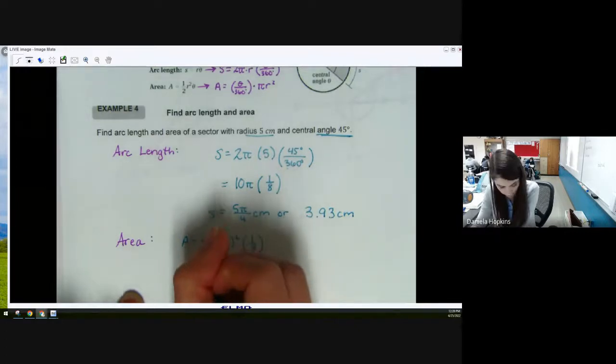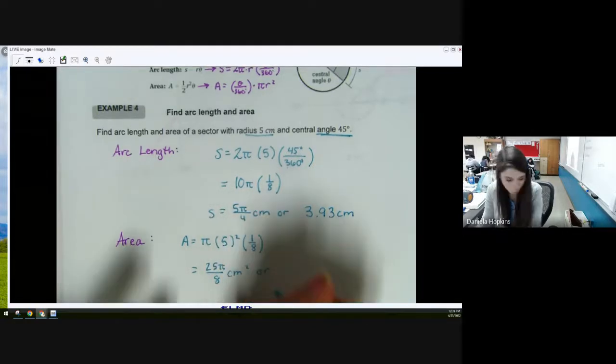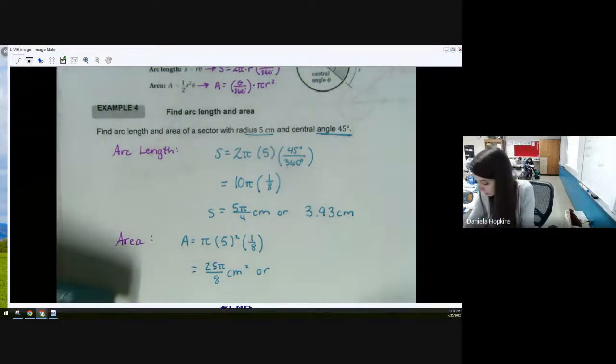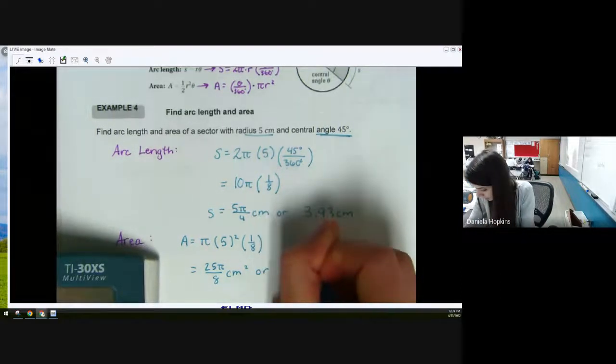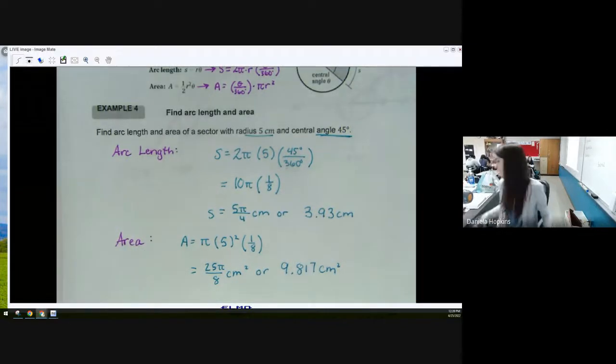I end up getting that my area is 25 pi over 8 centimeters squared, or how Go Formative will want it, 25 times pi divided by 8, 9.817 centimeters squared. And I tell you what to round to on Go Formative.